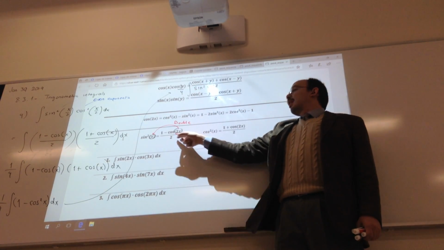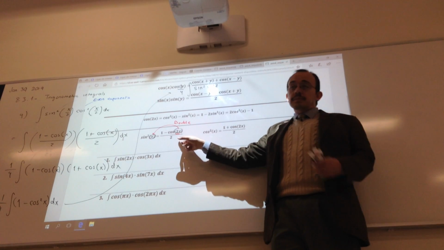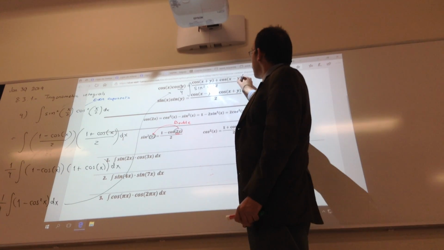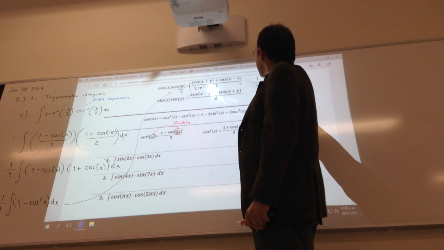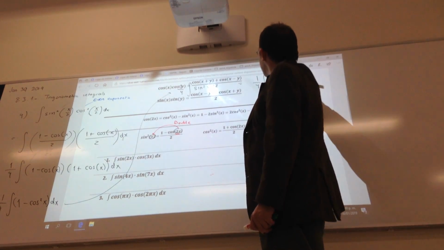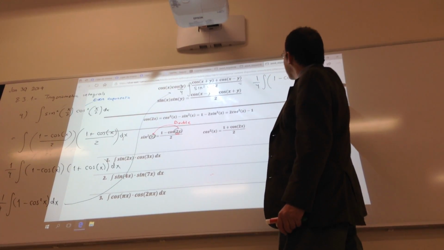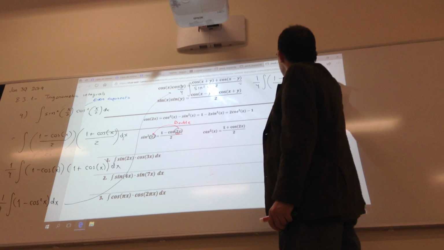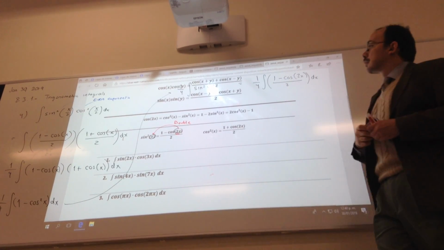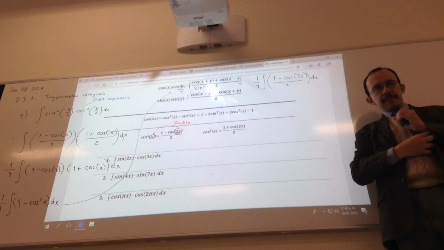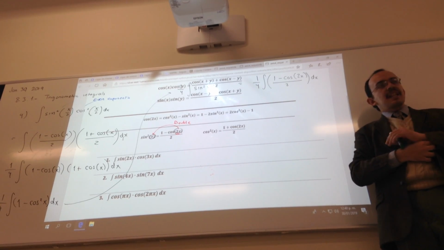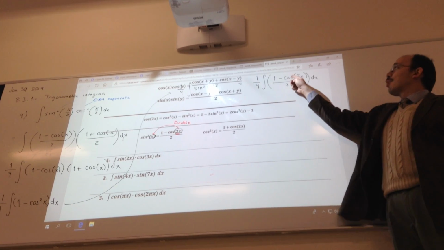What do we do? Apply the formula again. So it's going to be 1/4 integral of 1 minus cosine of 2x now over 2 dx. I apply the formula again, but now my power is 1.